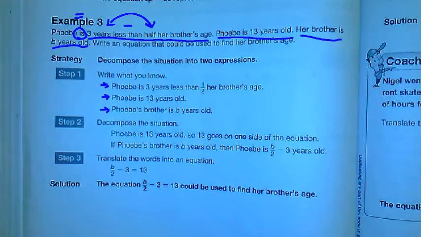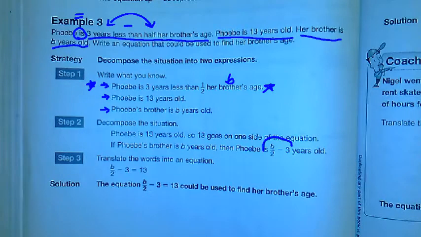Well, I know that she's 13, so this part is the important part right here. I'll just say this is a B, and you guys should all do that. This is the important part of the expression, and then we know that Phoebe is 13.